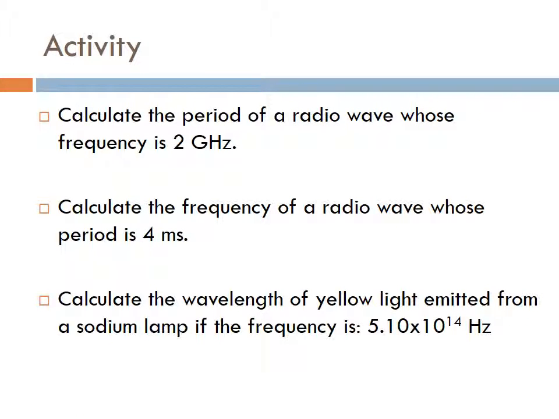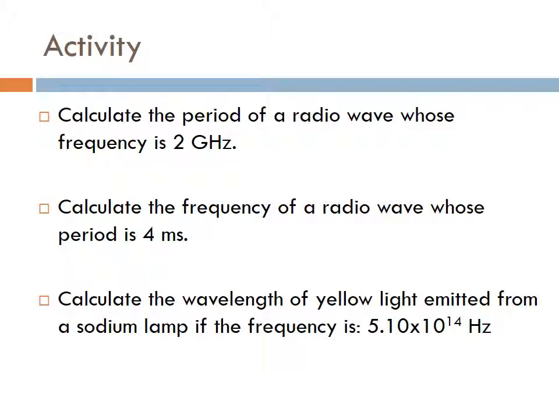To calculate the period of a radio wave whose frequency is 2 gigahertz, you should take the inverse of 2 gigahertz, and you should have the unit in seconds. You should transform the 2 gigahertz into hertz by multiplying it by 10 to the power 9.